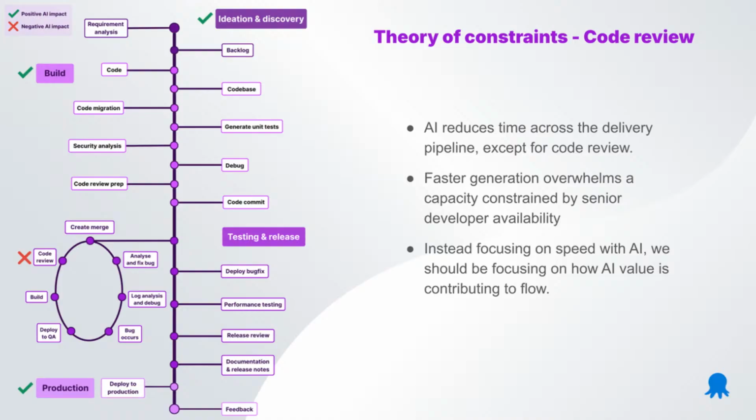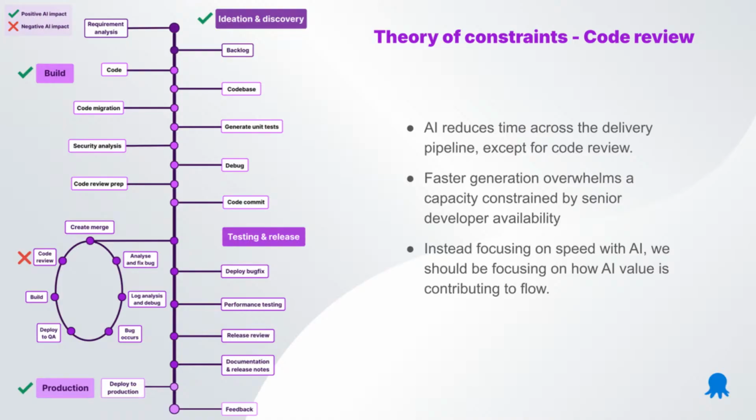And so what we can see is that AI actually helps so much of the individual tasks in this delivery pipeline. But for many organizations or teams, code review is still a constraint, because this is constrained, in things that I have read, by senior developer availability or their capacity.